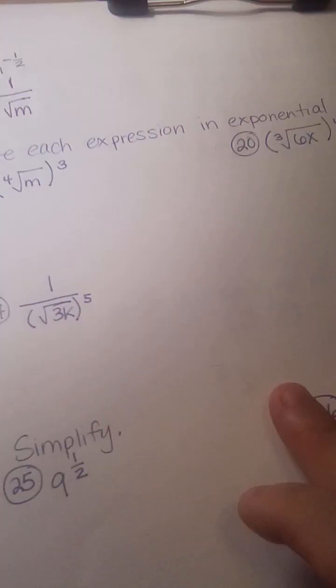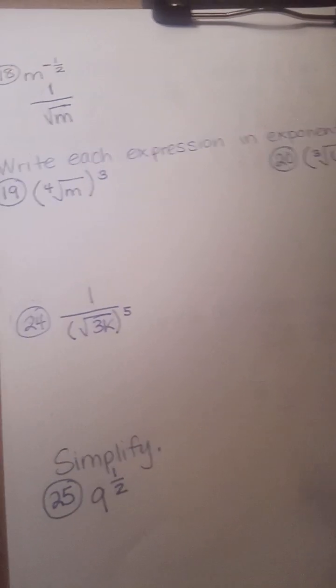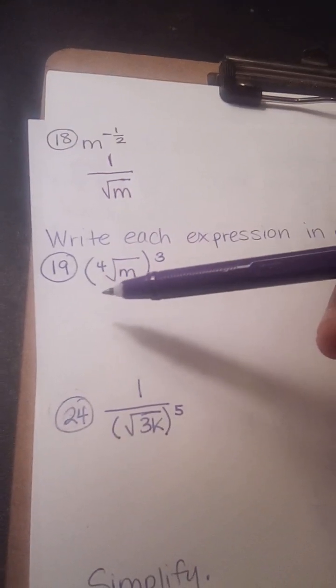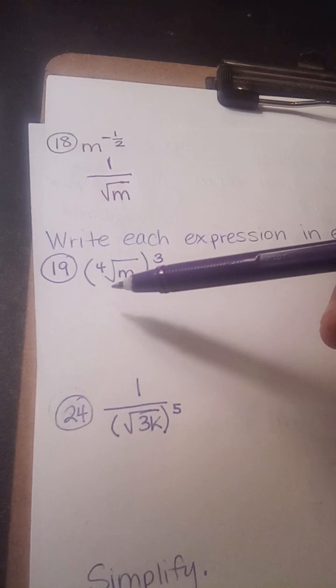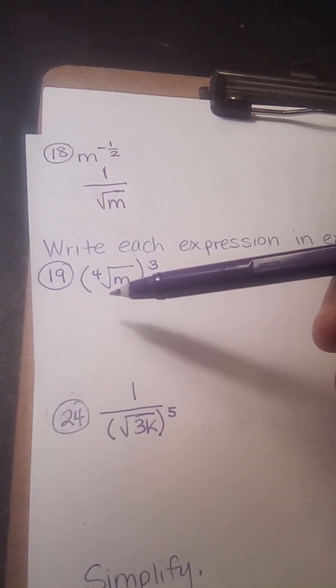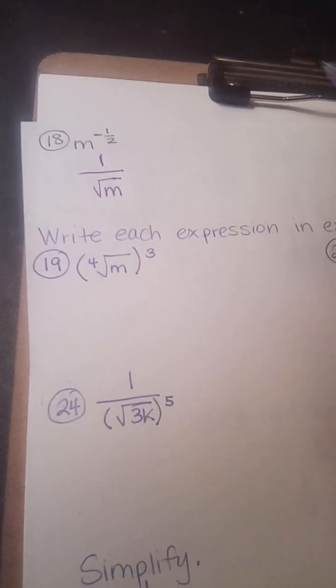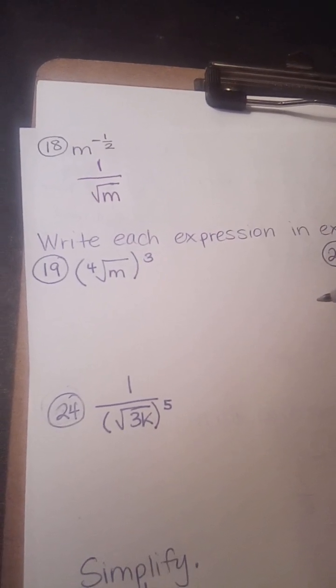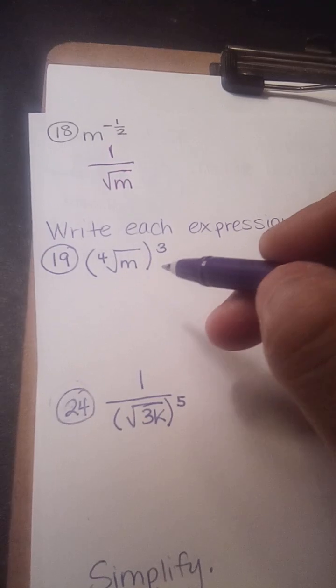All right, folks. Well, let's see. What is the base? Number 19, we have open parentheses, the index of 4, square root of m, close parentheses, the third power. What is the base of this problem?